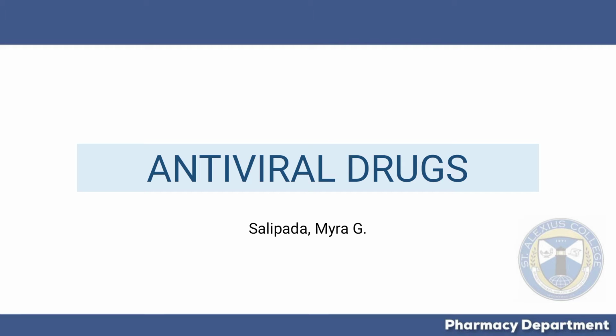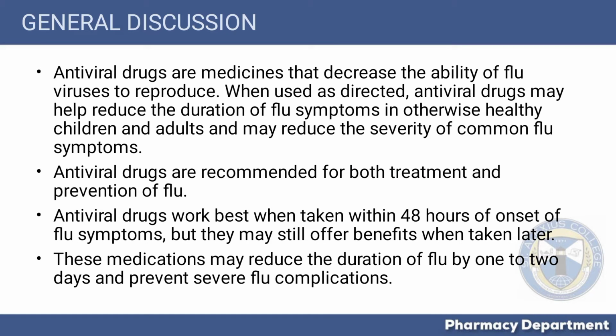In general discussion, antiviral drugs are medicines that decrease the ability of flu viruses to reproduce. When used as directed, antiviral drugs may help to reduce the duration of flu symptoms in otherwise healthy children and adults, and this may also reduce the severity of common flu symptoms.